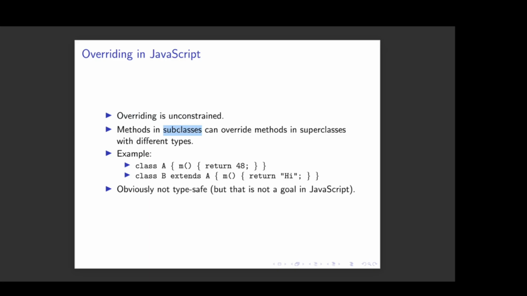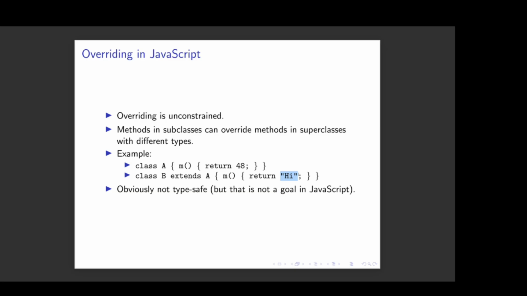So we can have a class A that has a method M that returns 48. So here 48 is a number. Okay. And then we have a subclass, class B, that extends A. And now we are going to override M, and we are just going to return a string. Obviously, there's no problem doing this in JavaScript. JavaScript doesn't have a type system.